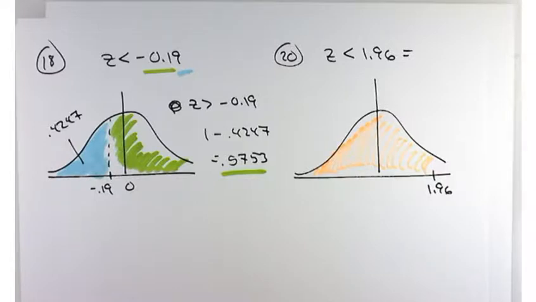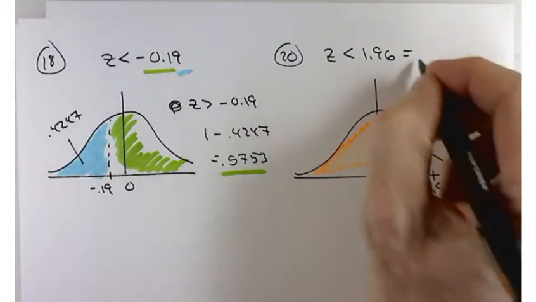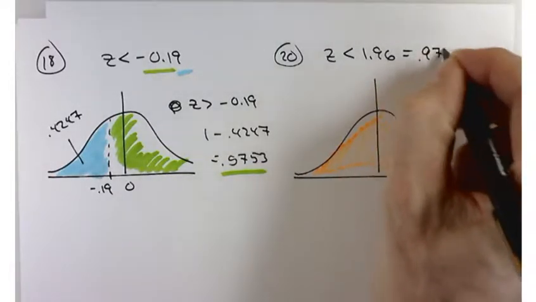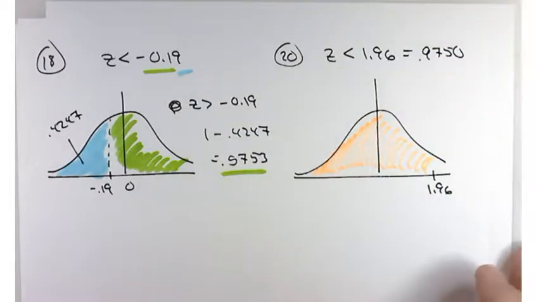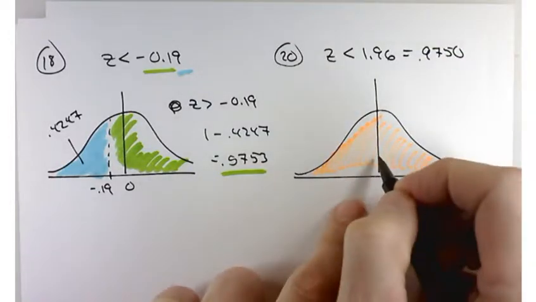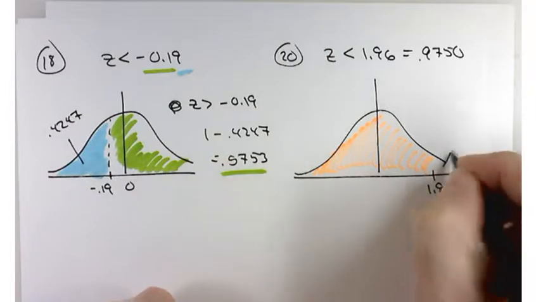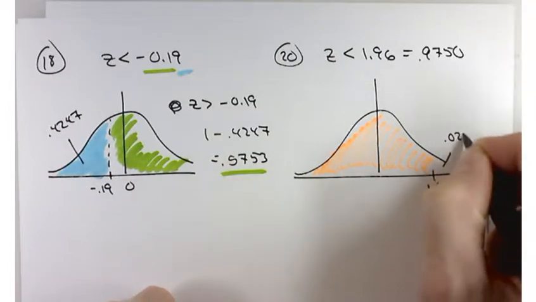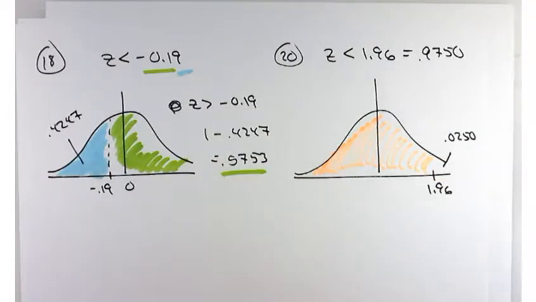What number are you getting for 1.96? 0.9750. Good. So that means 97.5% of the area is to the left. That leaves a simple 0.025, or 2.5% of the area is out in the right tail.